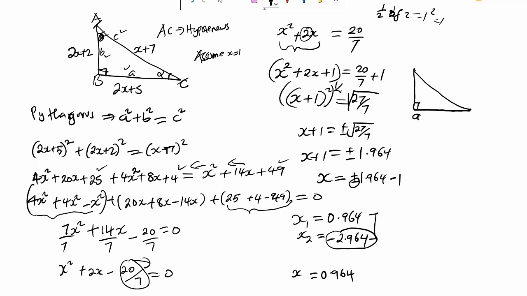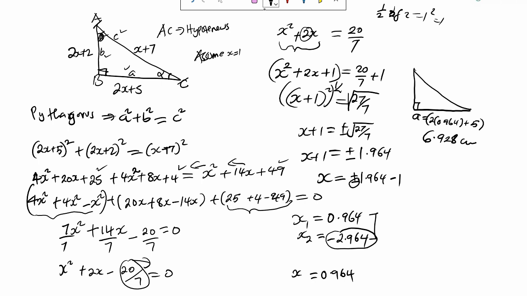So that's the dimensions. My a shall be, you take 2 times x, 0.964, and then add 5, and you'll find that will be a value of 6.928 to 3 decimal places, in centimeters.